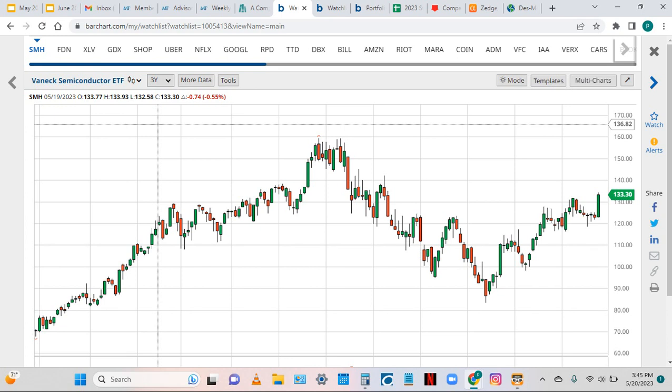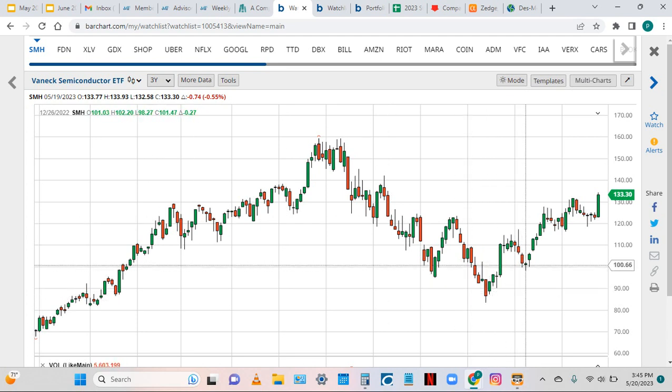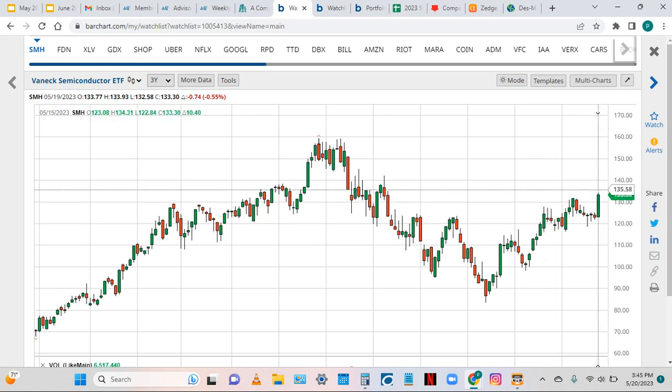This one looks very positive, right? We've got a low, like the rest of the market in October, higher pivot low, higher pivot highs, higher pivot low, higher pivot low, now a breakout, right? So this is a buy over this week's bar, which is where I would expect to enter SMH.